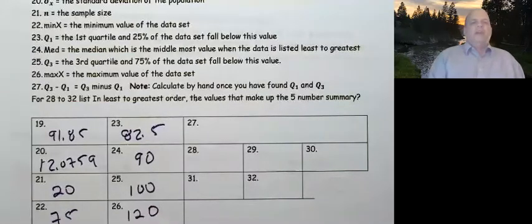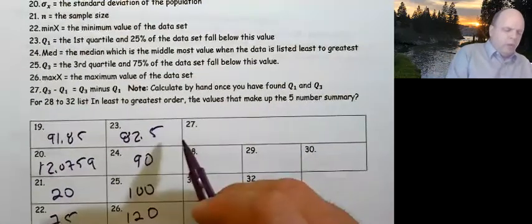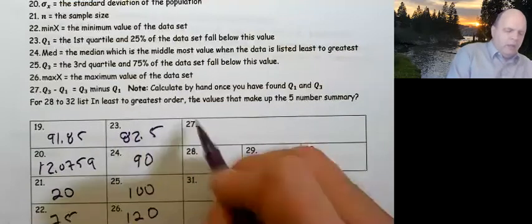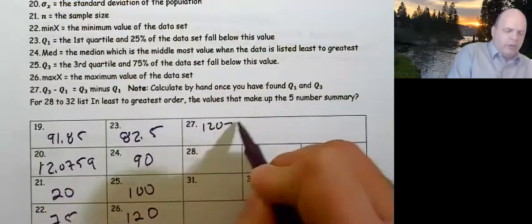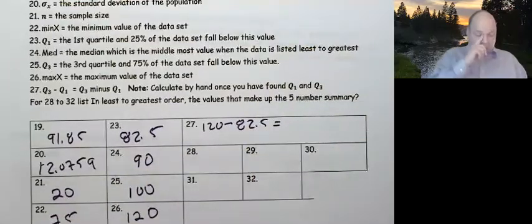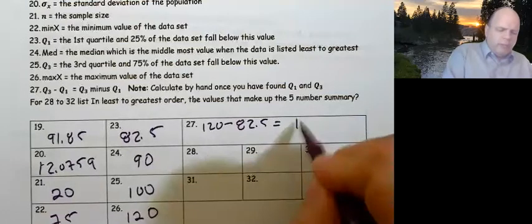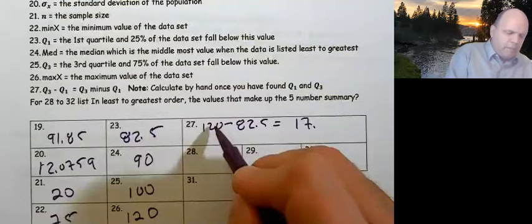Then 27 asks me for Q3 minus Q1. Well, we already said that Q3 was 120 minus, in this case, 82.5. So our answer should be 17.5. Wow, that's not right. This is not 120.